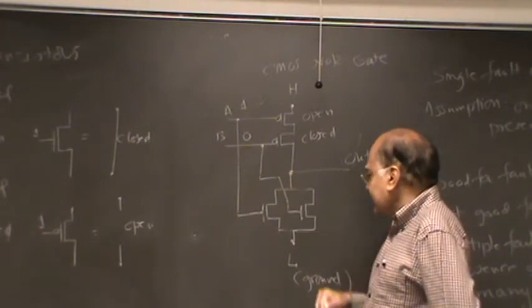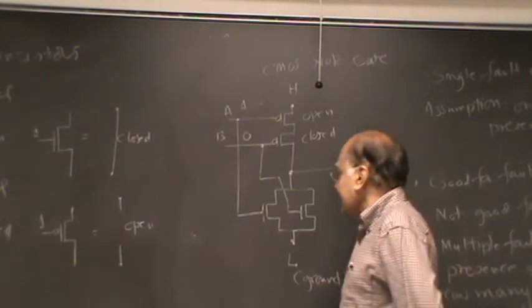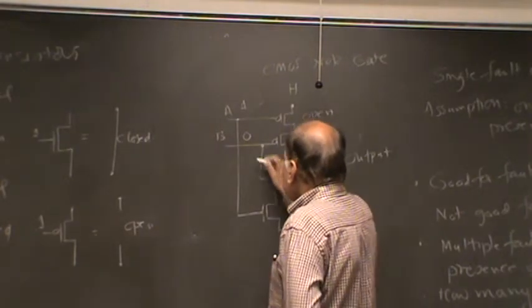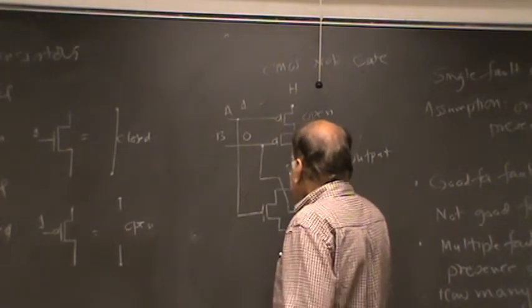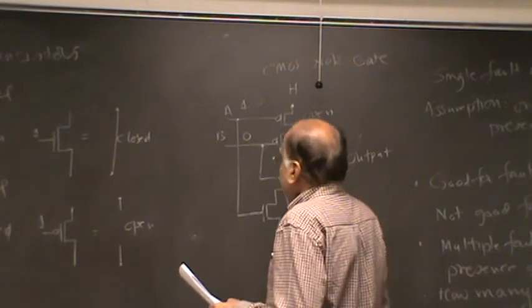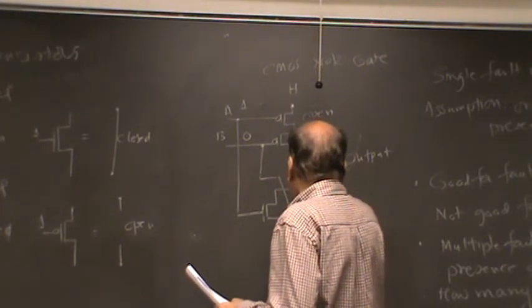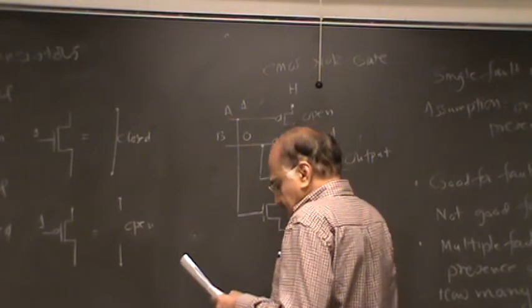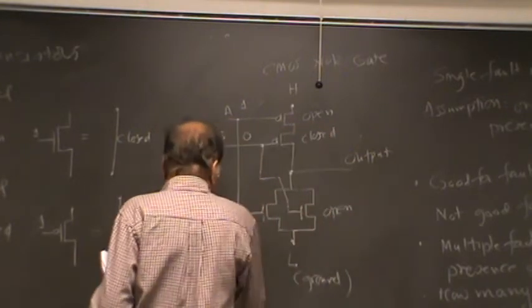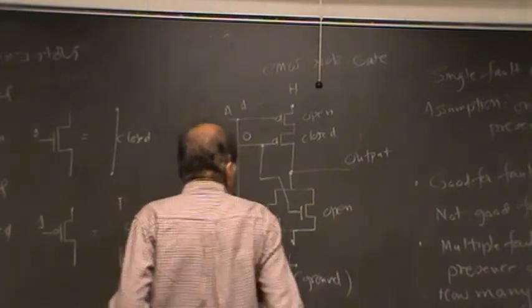Okay, does this have a direct path to low? Let's find out. Now notice that since this is 0 and this is an N channel, this is open, and this here is closed.